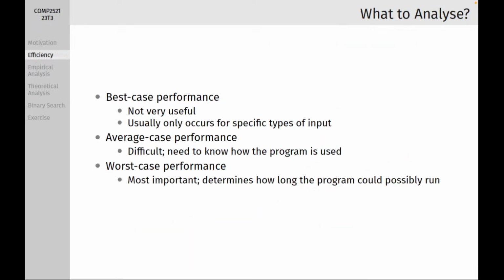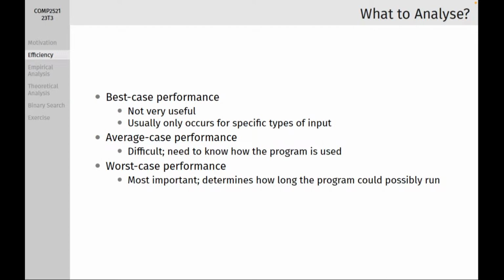Okay, so when we're analyzing an algorithm, what do we actually want to analyze? There are different cases that we might want to analyze. The first one could be the best case performance. You want to see what is the least amount of time that my program could possibly take to run.